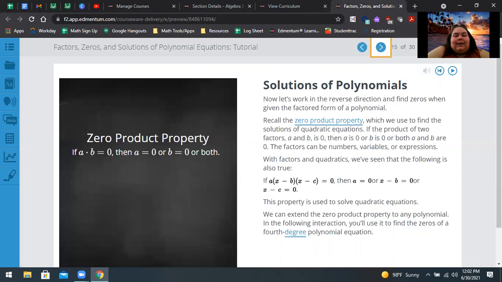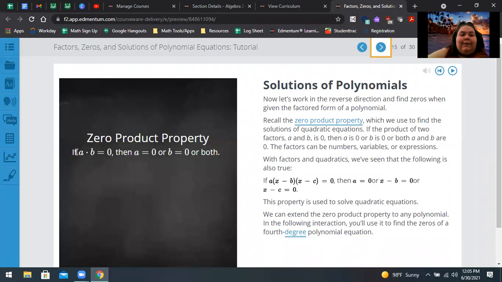When you're going from factored form to get the zeros, those are the solutions to the polynomials. We're skipping a step in between of what's actually going on there. And that step that we're skipping is the zero product property.